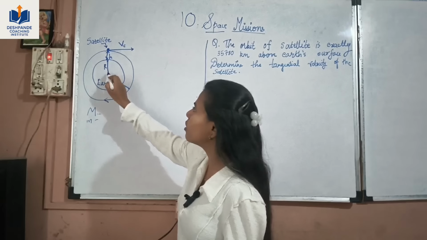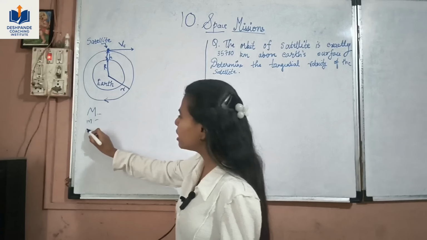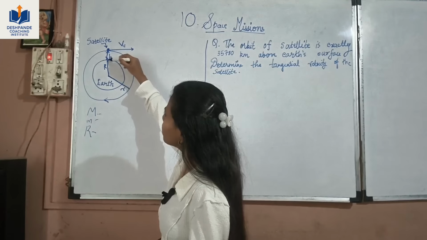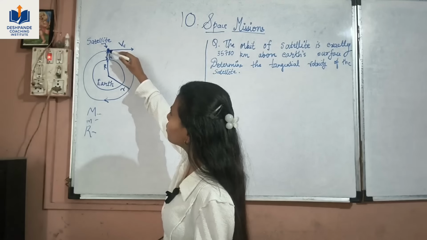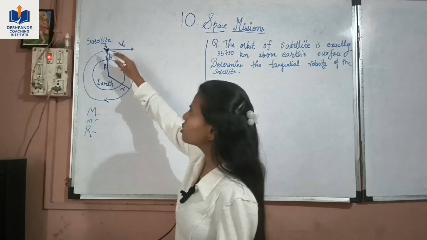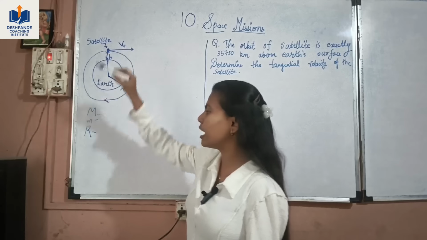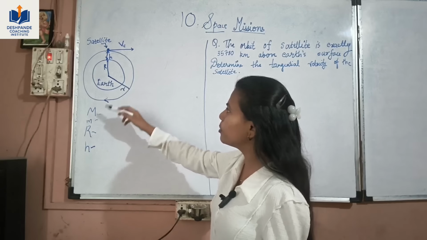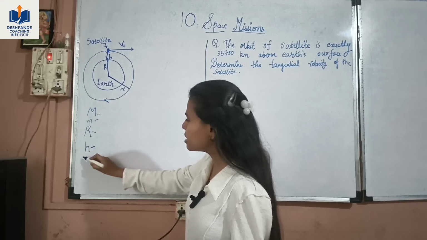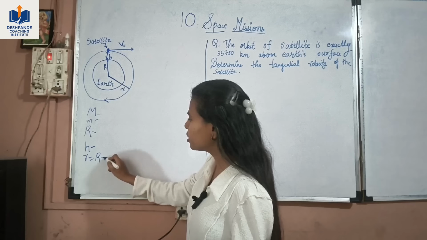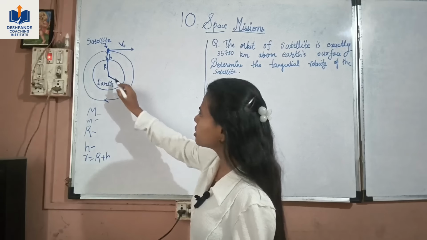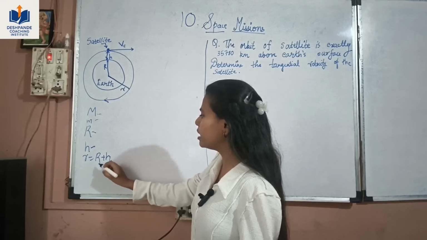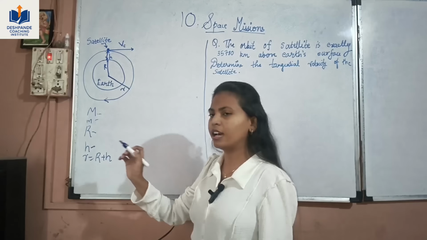So the radius of earth is capital R, and there is a difference between the radius of the earth and the orbit of that satellite, which is h. So the satellite is revolving at a specific height h. So you all know the terminologies now, and this small r is nothing but R plus h. So it is the total distance, radius plus height. So it is denoted by small r. We can either write R plus h or small r directly.